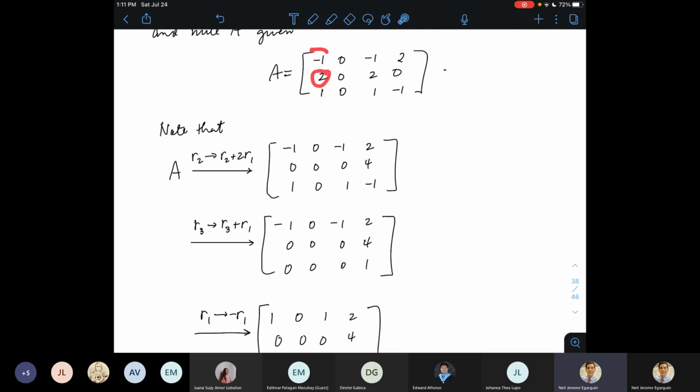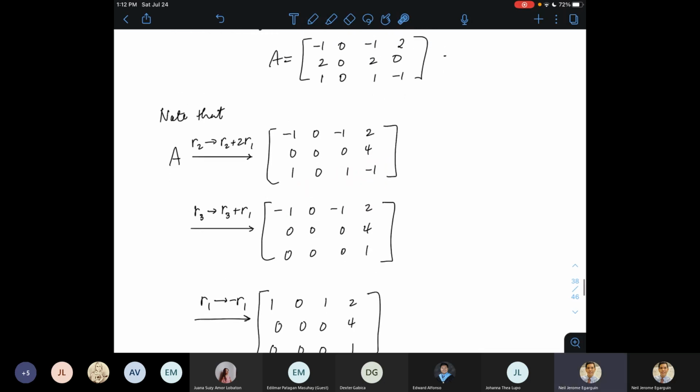So that means 2 plus -2, that will give us a 0. 0 plus 2 times 0, that's going to be a 0. 2 plus 2 times -1, that's 2 times -2, or plus -2, that's going to be 0, and so on. Okay, and then I'll copy the third row. Okay, and again, first problem here.